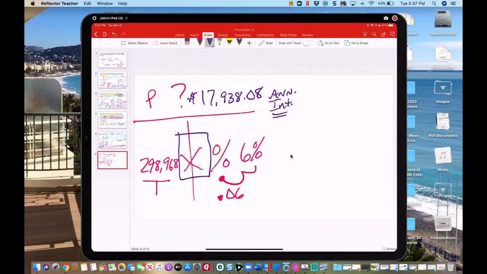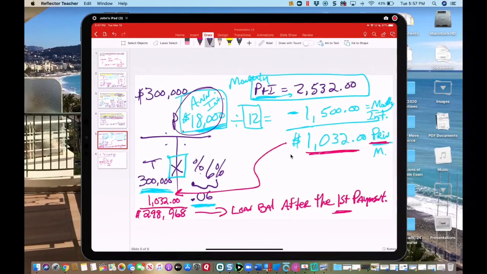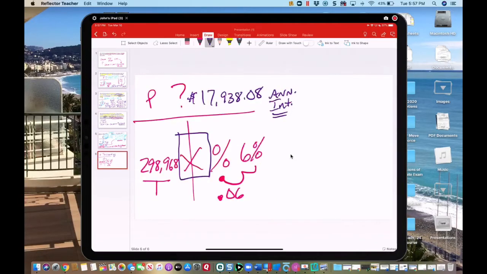Well, we can look here and see that it went down a little bit, didn't it? Why did it go down? Because we're calculating off of a new loan balance. Okay? Now we just divide this by 12 because we want to get the monthly interest, and that is $1,494.84. This is monthly interest.